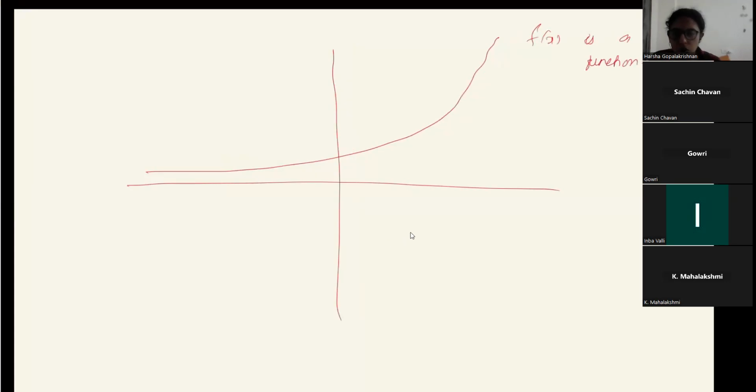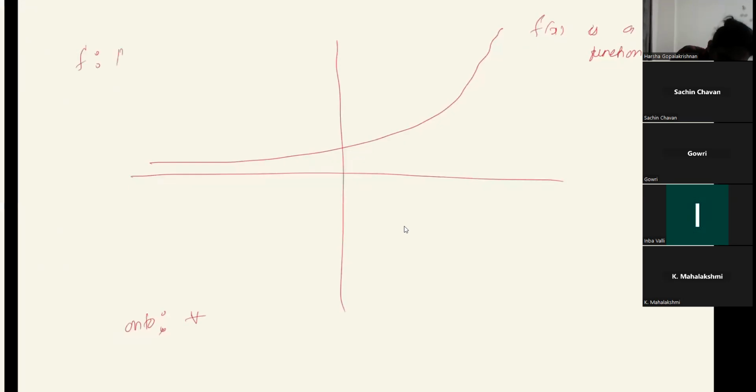Now, what onto by definition says is, our function is from R to R. So by definition, for all x in R, there exists some A in R such that f of A equals x.